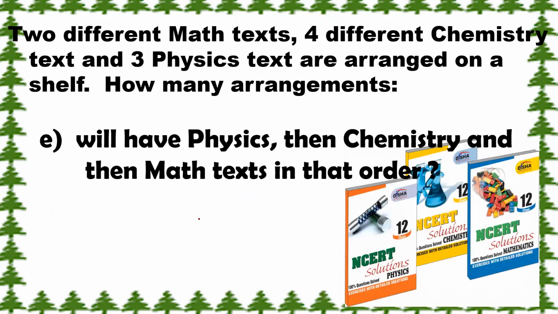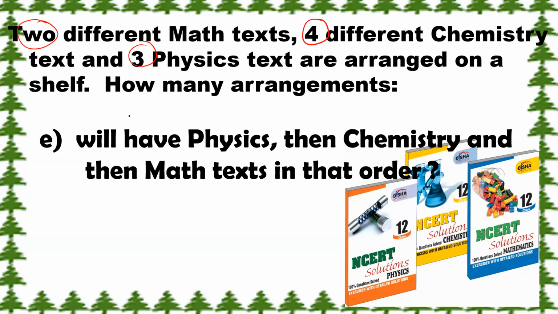Ano naman tong isa? Letter E. We'll have physics, then chemistry, and then math text in order. So, ilan nga ulit yung physics natin? 3. Ilan yung chem? 4. At ilan yung math? 2.